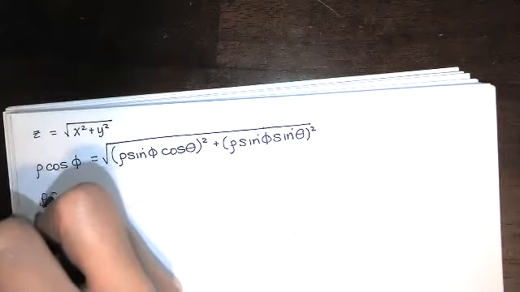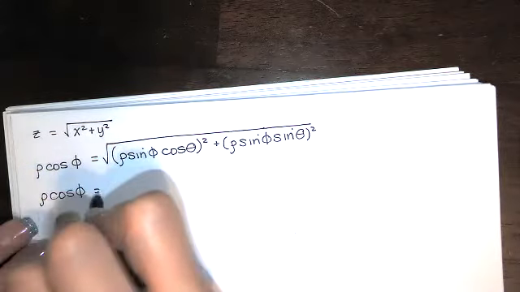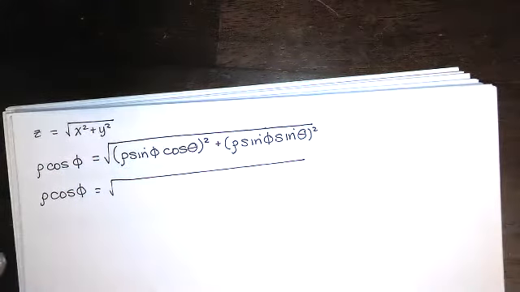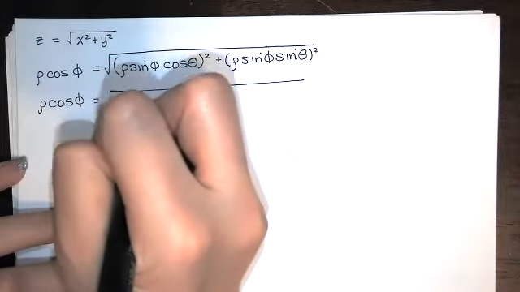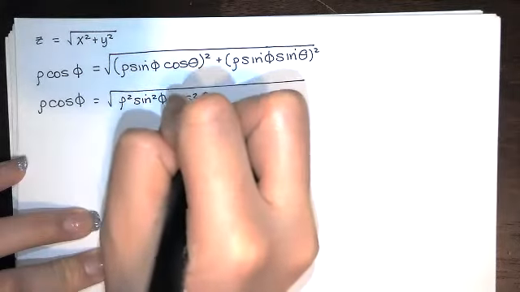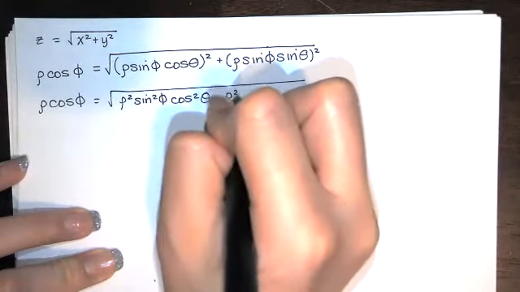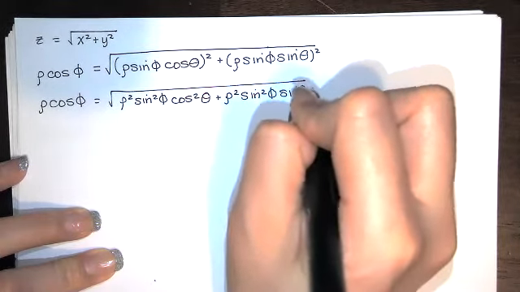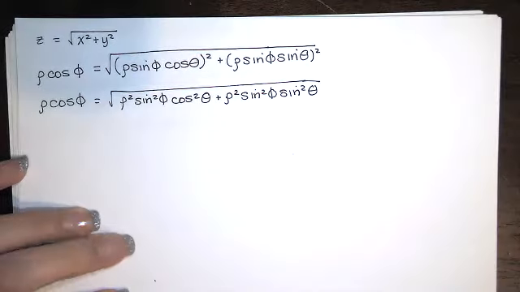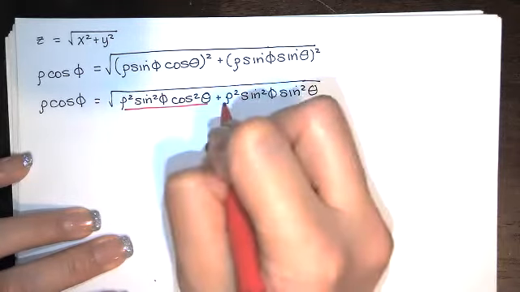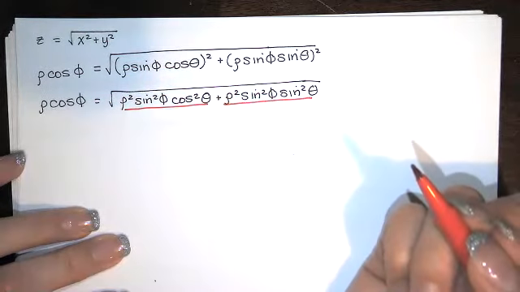Now we want to square that. Square each factor separately. So you get rho squared sine squared phi times cosine squared theta plus rho squared sine squared phi times sine squared theta. It looks really bad, but it simplifies quite nicely. Look at that term and that term. What do they have in common?